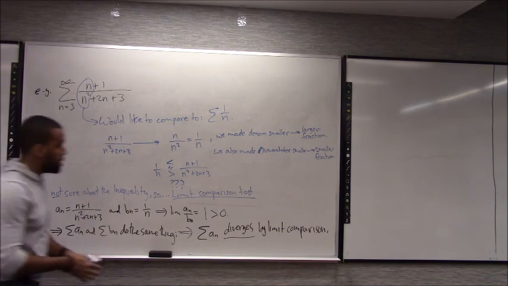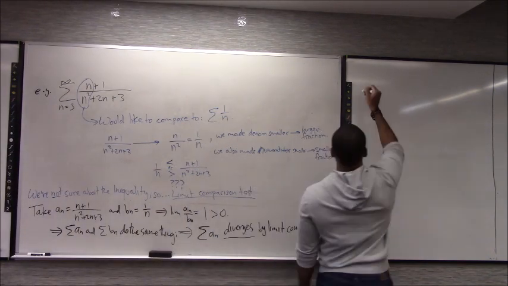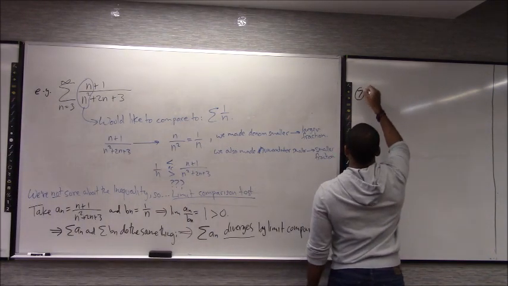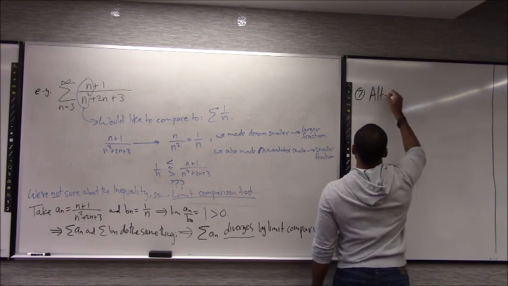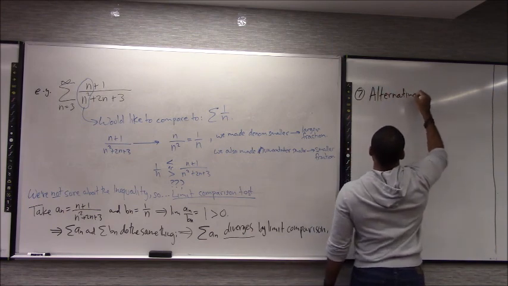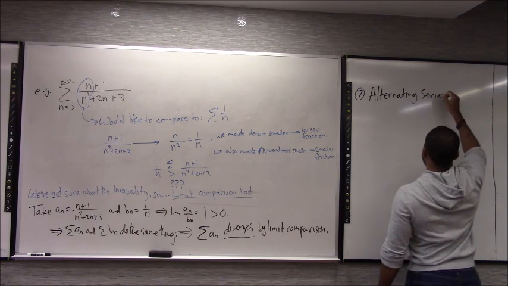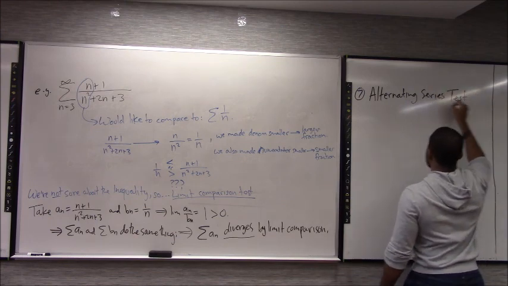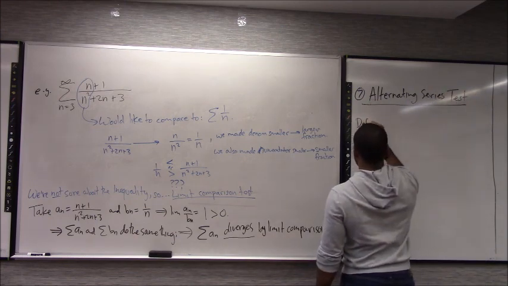The alternating series test is the next one that we want to do. So test number 7. This is called the alternating series test. So, definition, what is an alternating series?